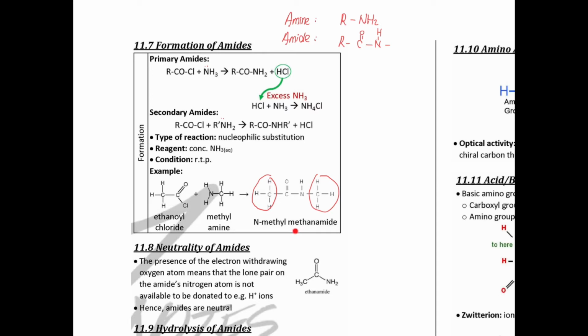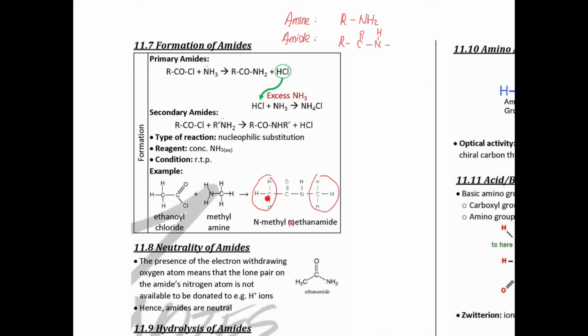So first of all, we look at this part. It shouldn't be methanamide, it should be ethanamide. We don't want the M, ethanamide, because it has two carbons. Which two carbons do we talk about?